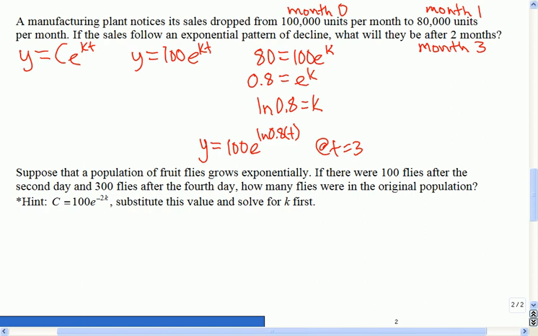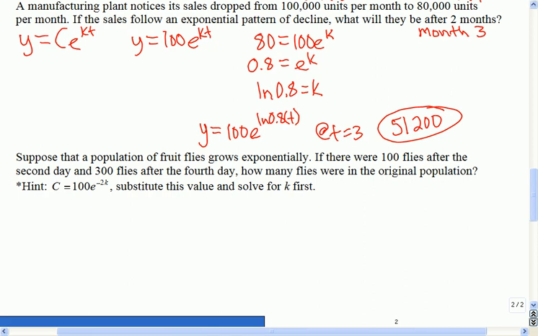That's 100 e to the natural log 0.8 times 3. So I get about 51,200 will be the, wow, you don't want to work in that factory, wow. So anyways, we should have about 51,200 there. Could somebody verify that they also, yeah, okay, thank you.